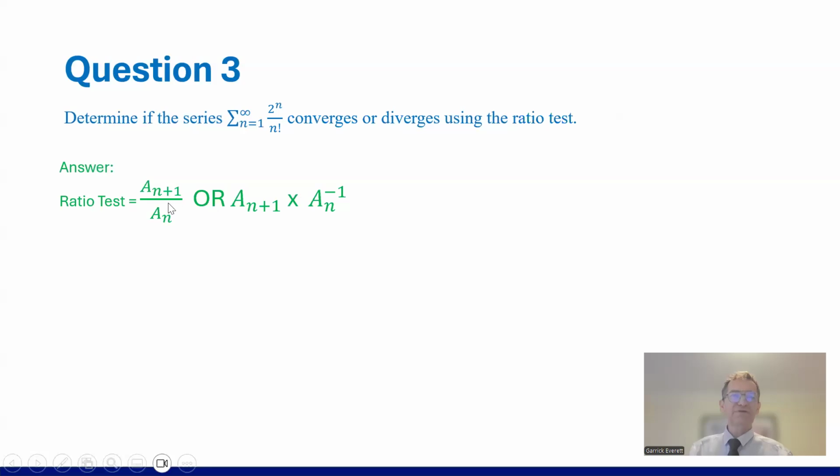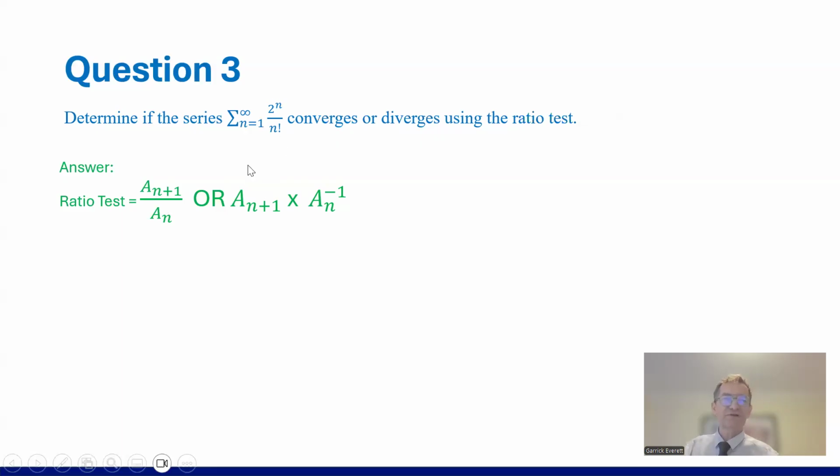Now we've got this division. Because this is going to be a fraction, what you're going to do is take a_(n+1) and multiply it by that fraction inverted, so a_n to the minus 1. This is really what you're going to do, not try and do this giant double fraction.